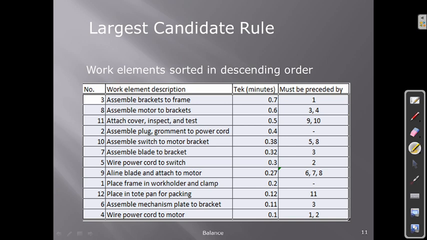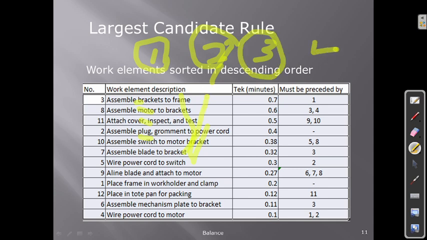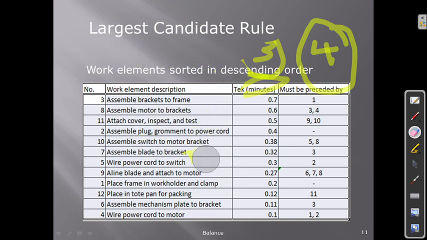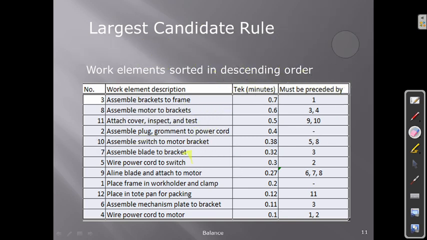For station 1, what will be the work elements in that particular station, and in station 2, what work elements will be there, and station 3, and station 4. These are the main motto. So for that we are going to see the next step, after we make this descending order.